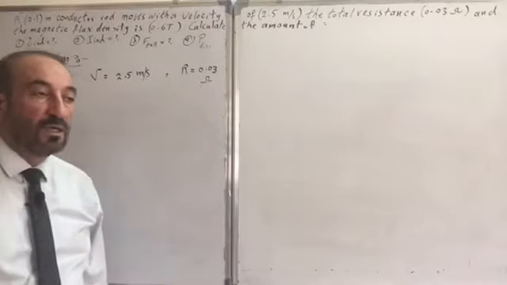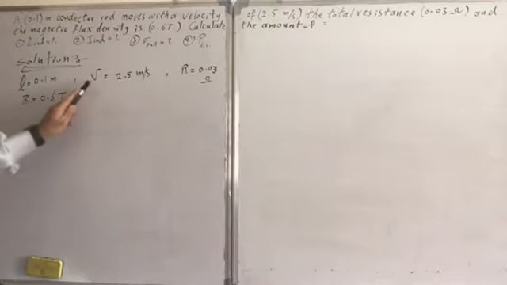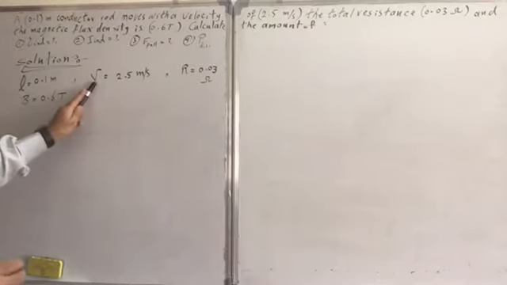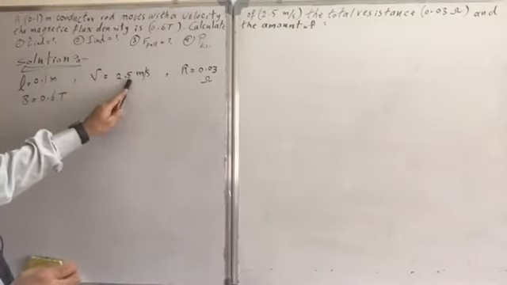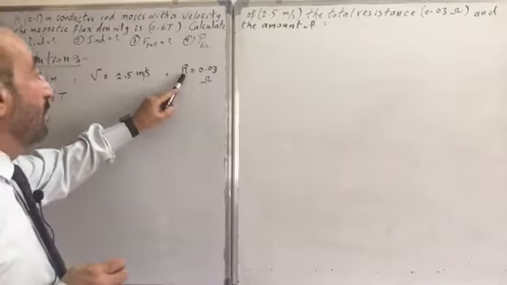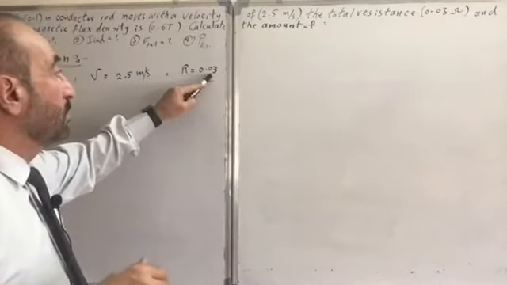Now let us find out the given. L 0.1, the length of the rod. B equal 0.6, the flux density. The velocity of the movement equal 2.5 meter per second. The resistance of the total circuit, the rod and the circuit, equal 0.03 ohm.